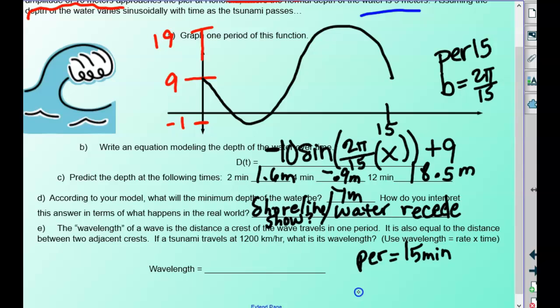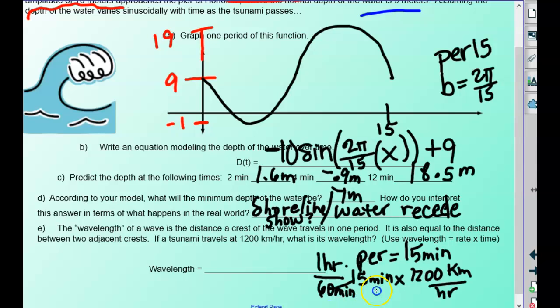So 15 minutes times 1,200 kilometers per hour. We can't do that unless we change something to hours here. What can we do with that 15 minutes? A quarter. Yeah, you could multiply or divide by 60 or make it 0.25 of an hour.